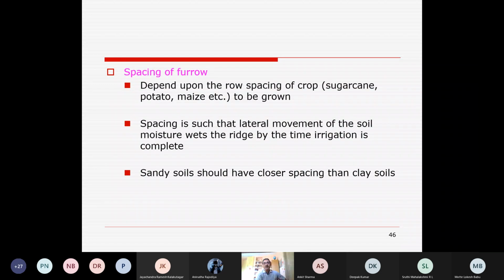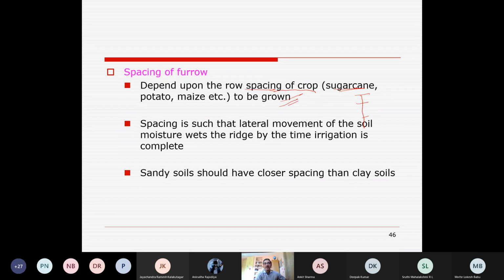Spacing depends upon the row spacing of crop, like if it is sugarcane, potato, maize. So we cannot have just same spacing for all the crops. Sugarcane may have wider spacing, potato may have smaller spacing, and so on. So we need to decide what spacing should be for this particular crop.